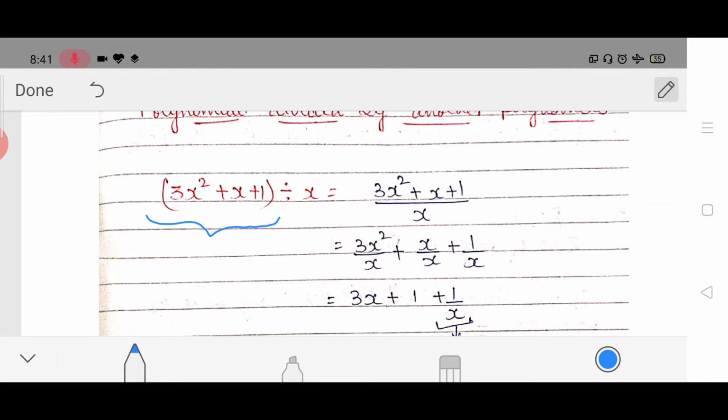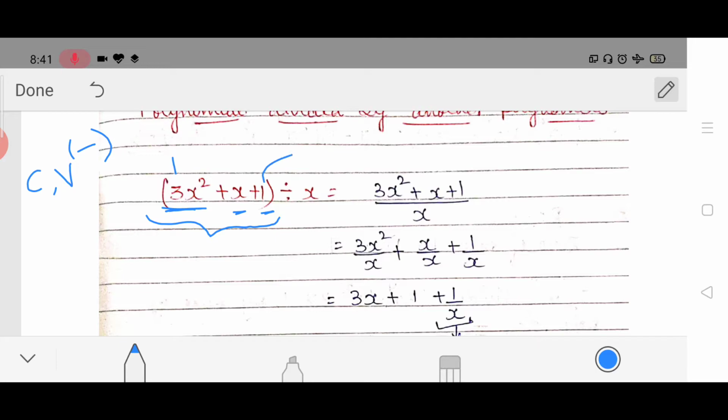Because as we have discussed earlier, a polynomial is a combination of coefficient and variable to the power of some rational number. Okay, so in the first case here you can see 3x square. 3 is the coefficient of x square, and what is the coefficient of x here? Coefficient of x here is 1. And what is the variable of 1 here?